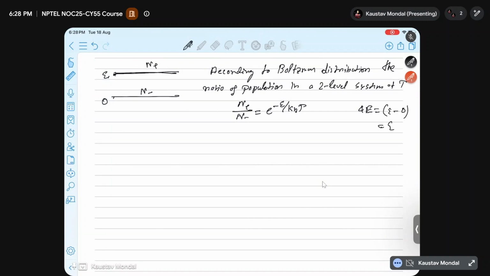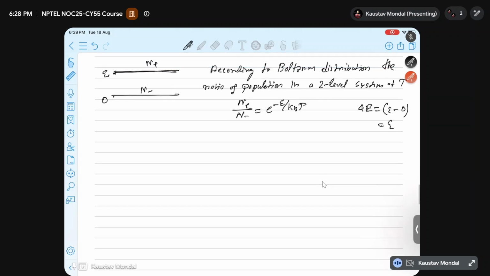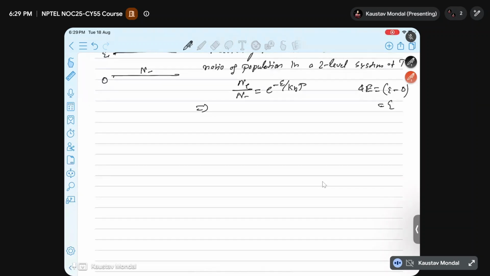Okay. Now from this expression, on the right hand side of the equation you can see the temperature is already there. So you have to write this whole expression in terms of temperature. The easiest way to do that is to take the log of both sides, n plus by n minus. Taking the log of the exponential returns back the exponent only, so E by kBT.